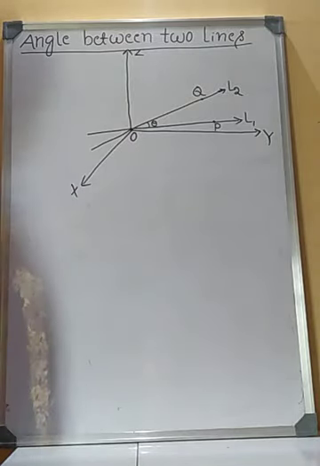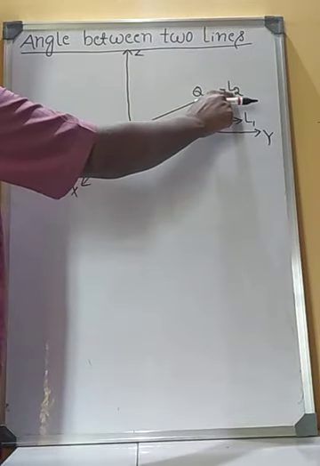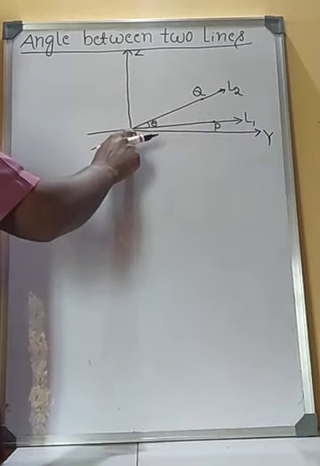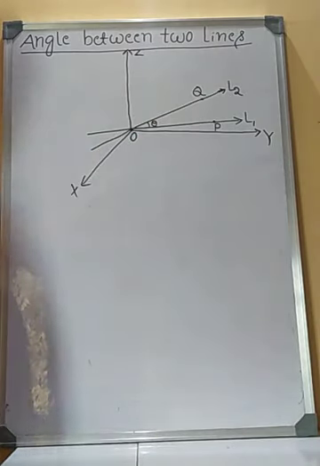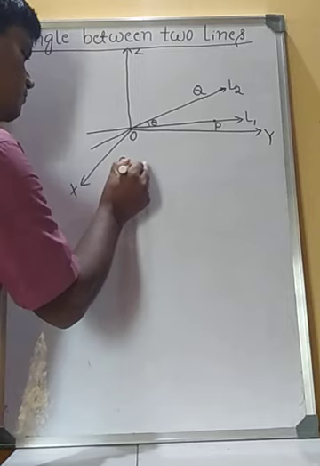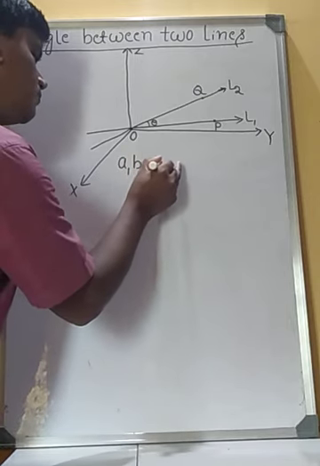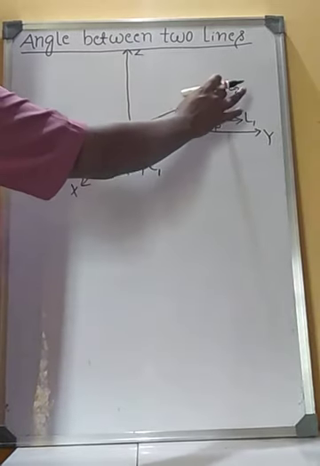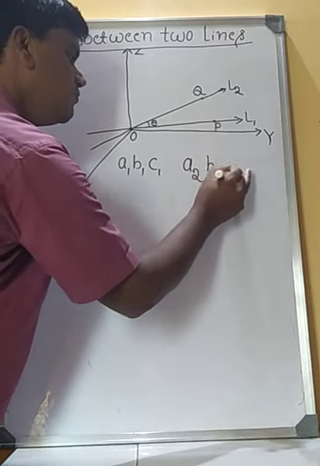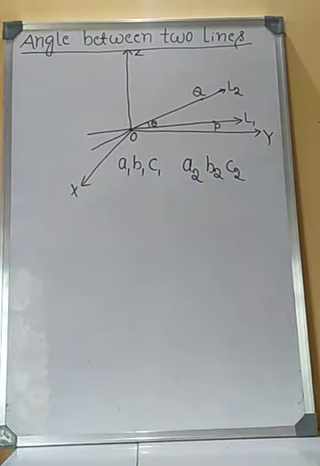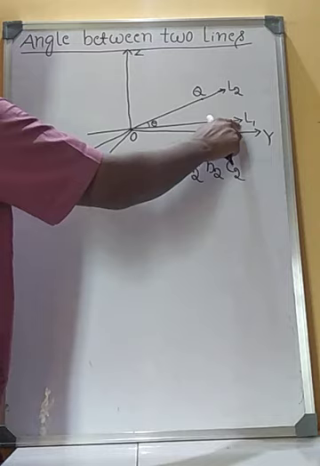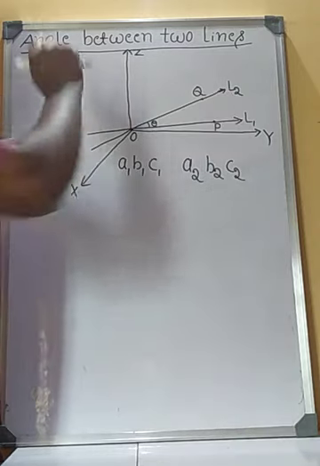In this figure, let L1 and L2 be two lines passing through the origin with direction ratios of line 1 A1, B1, C1 and direction ratios of line 2 A2, B2, C2 respectively.